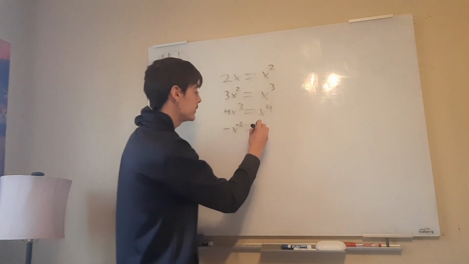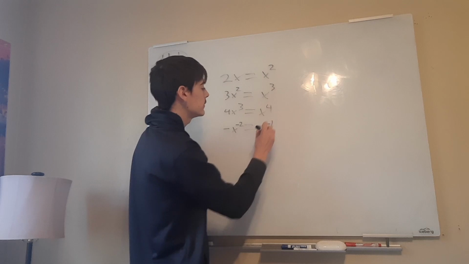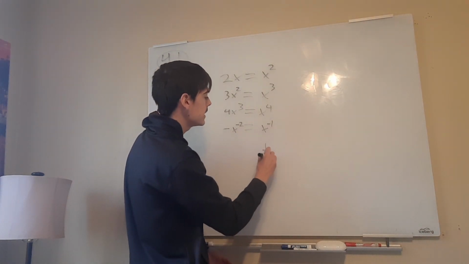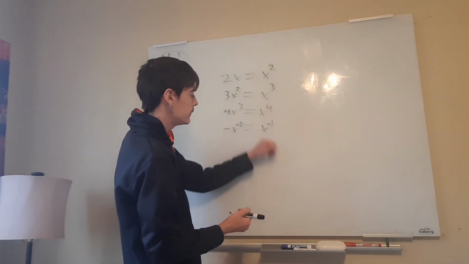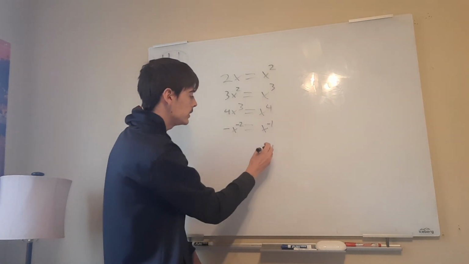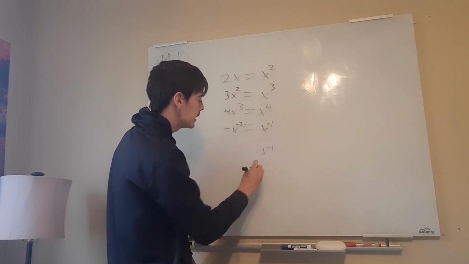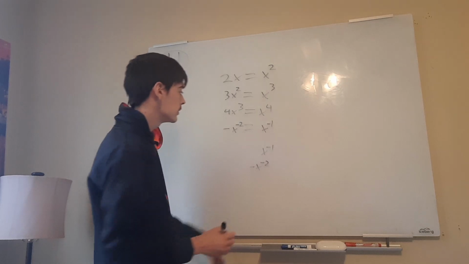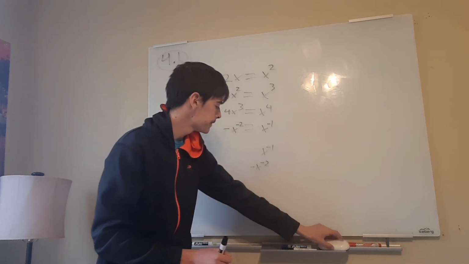In this case, it would be x to the power of negative 1. This is a bit weird to see, but that's the same as 1 over x. If you had 1 over x in the form of x to the negative 1, remember when taking your derivative, you drop the power to the front, so negative 1, and then you subtract 1 from the power, so it would be negative 2. And that's how those are the same.